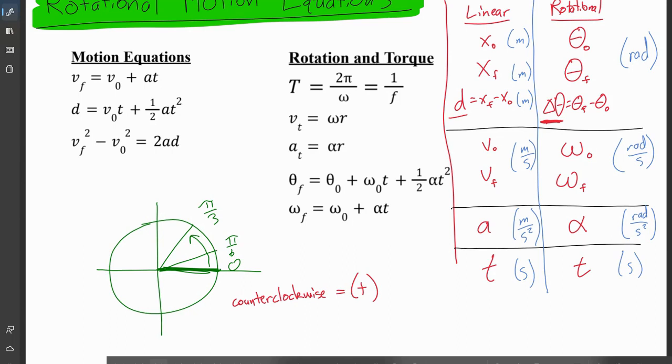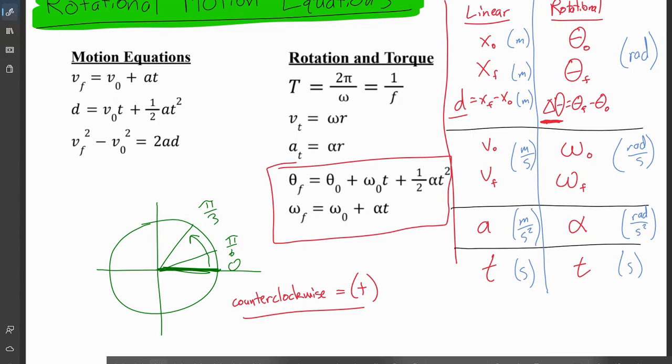Okay. So now that we've done this, we have our translation key. We know what variable in linear motion equals what variable in rotational motion. It is just using the same exact process that we looked at the beginning of the year, but now we have new rotational motion equations.